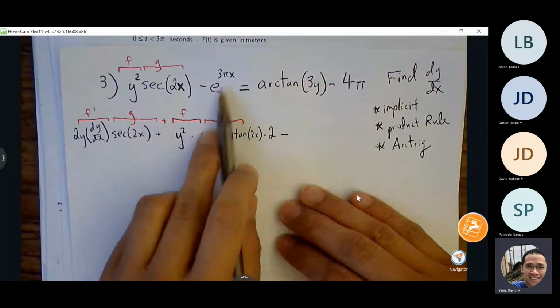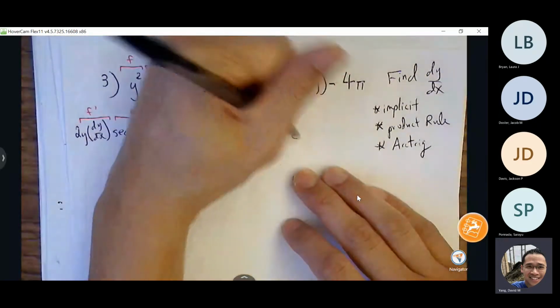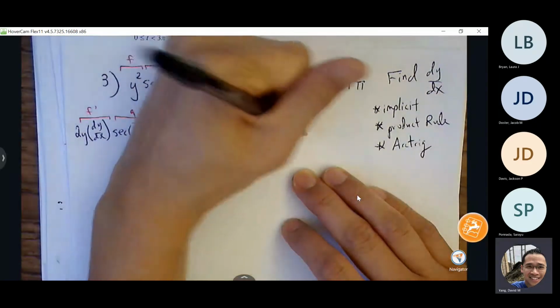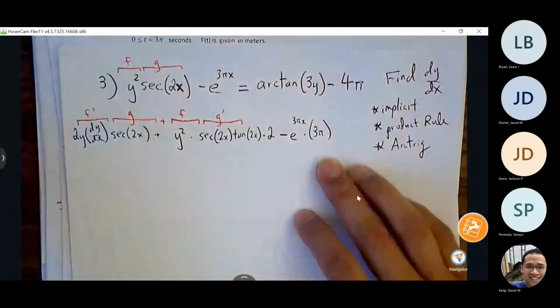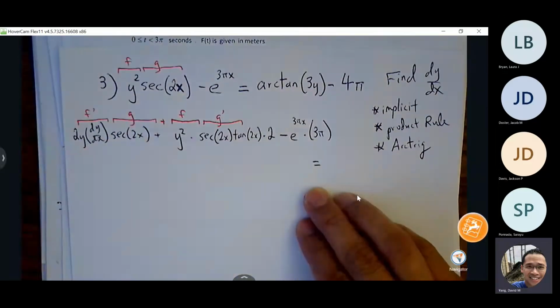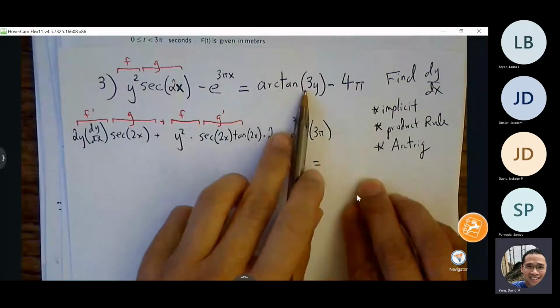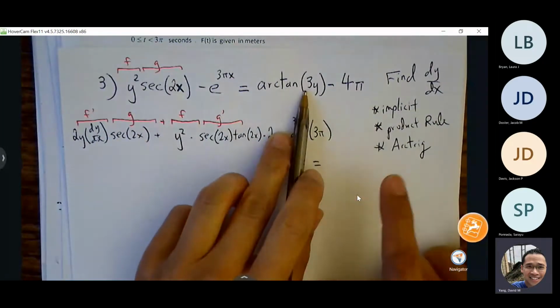E to the u becomes e to the u times u prime. 3 pi x becomes 3 pi. Equals, our tangent of u is u prime over 1 plus u squared.